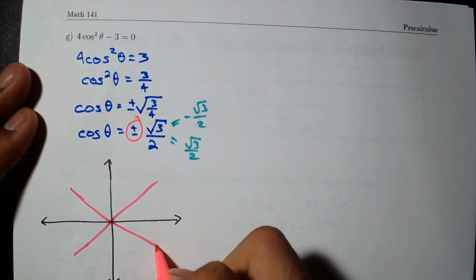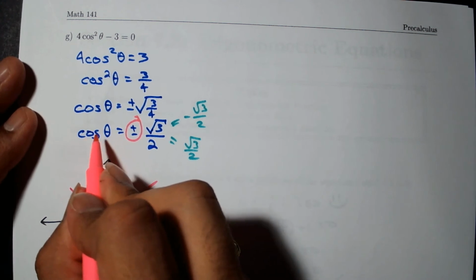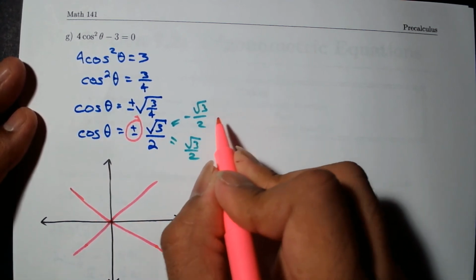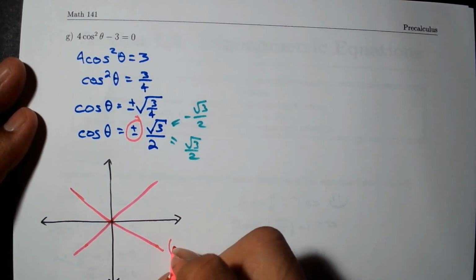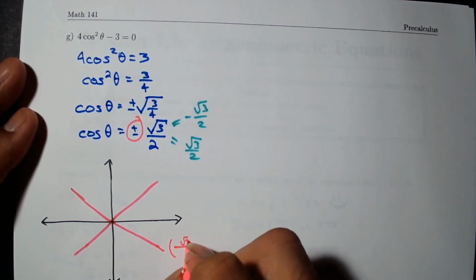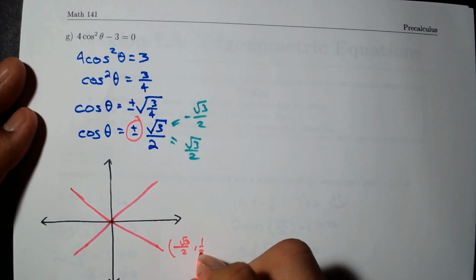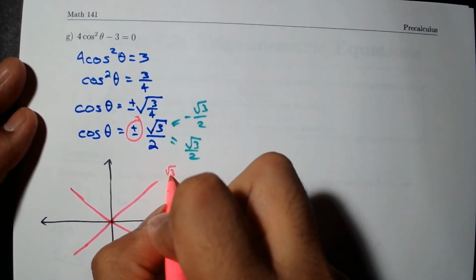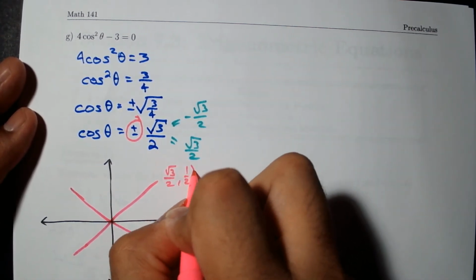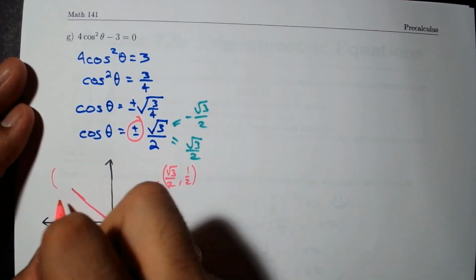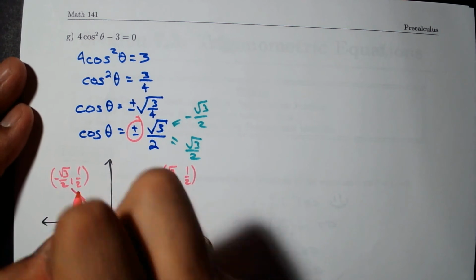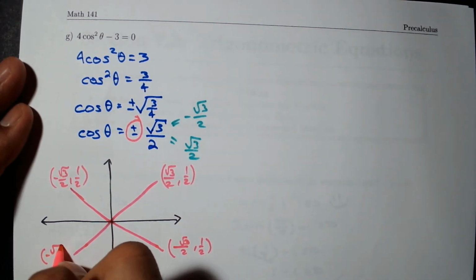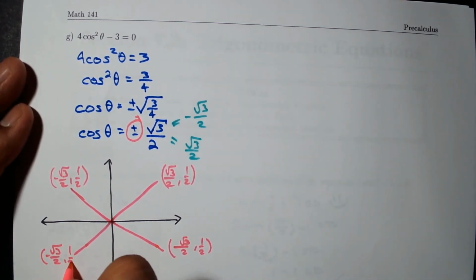Where the x coordinate equals negative and positive root of 3 over 2, that is positive root of 3 over 2, comma 1/2, and then negative x, negative root of 3 over 2, 1/2.